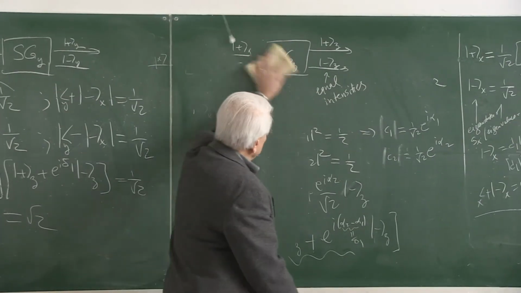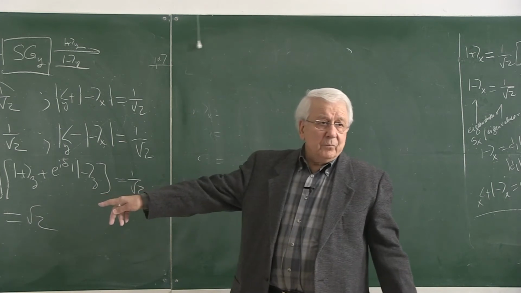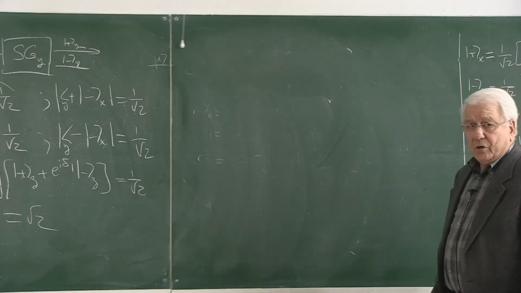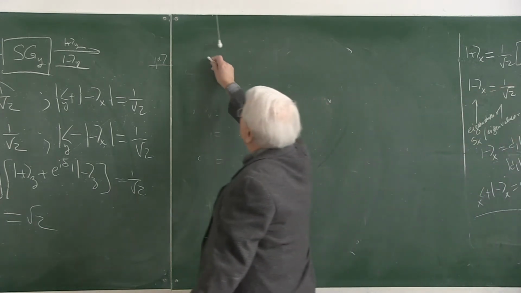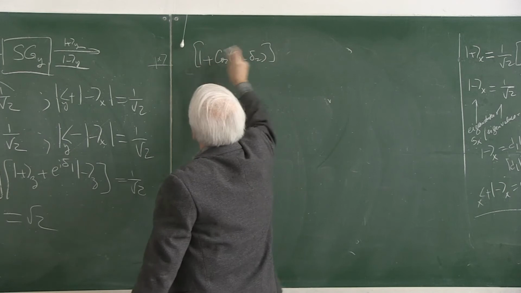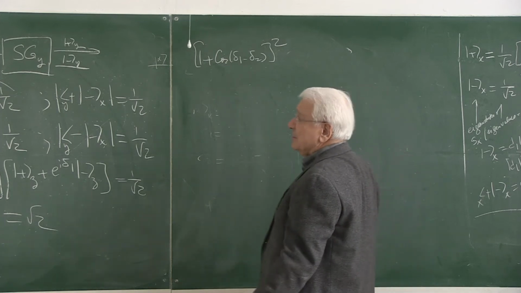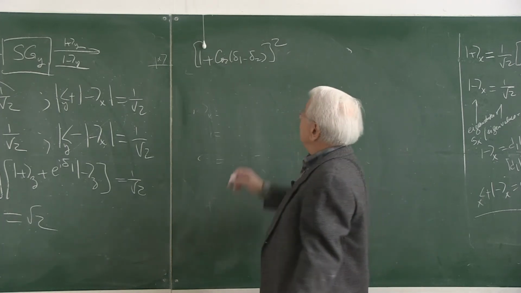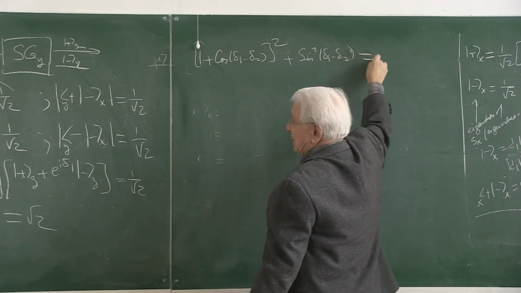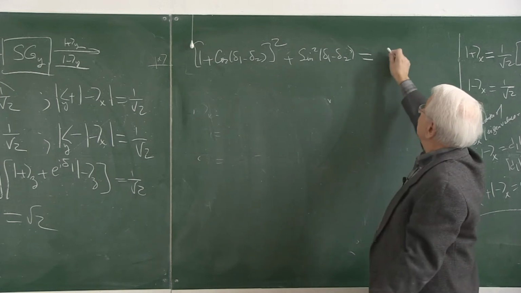Let me finish this computation. It's not too difficult to see that it's a complex number. It has a real part and an imaginary part. If I take the square of it, it's the real part squared, which is 1 plus cosine of delta 1 minus delta 2, squared. That's the real part of what's inside, which is a complex number. The second part is i times the sine. You take the square of it, so sine squared of delta 1 minus delta 2. The right-hand side is the square of the square root of 2, which is 2.